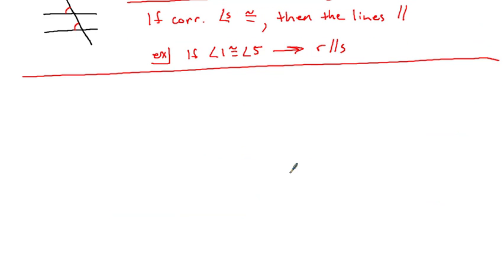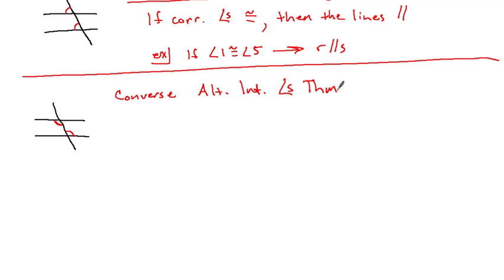So quick sketches. We're going to do the converse of the alternate interior angles theorem. The first thing I need is a little sketch of some alternate interior angles. All right, so that's going to be right here and right here. And this is the converse of our alternate interior angles theorem.